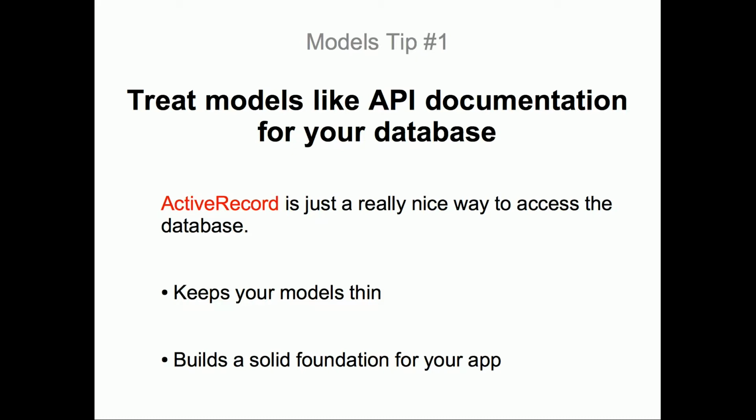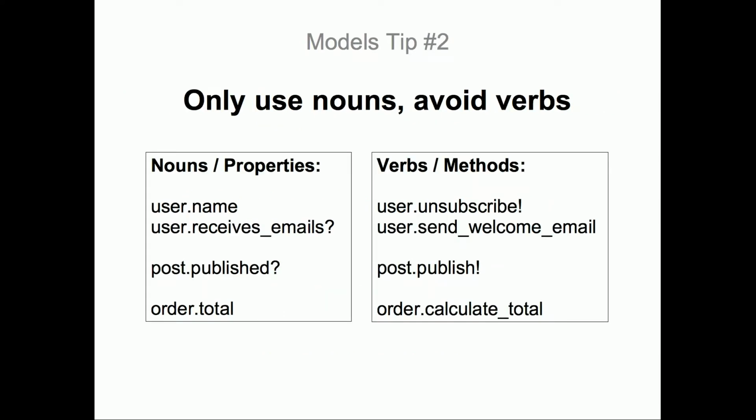So the model layer is really just a nice way to get data out of the database and update the database. If you start doing all your other stuff in the model, it gets messy, your model gets really large, and you kind of lose a solid foundation because your models are like what makes a solid app.